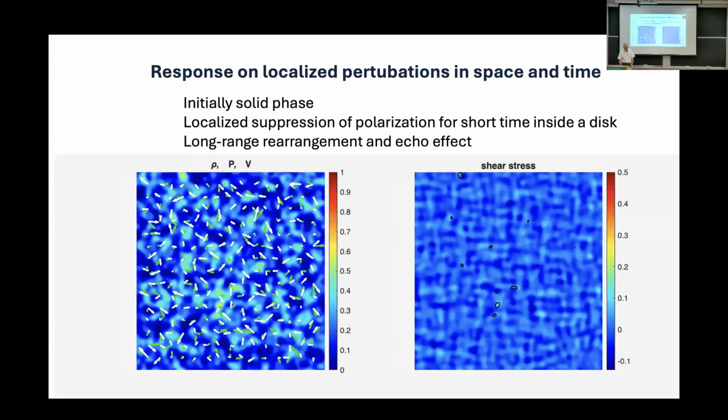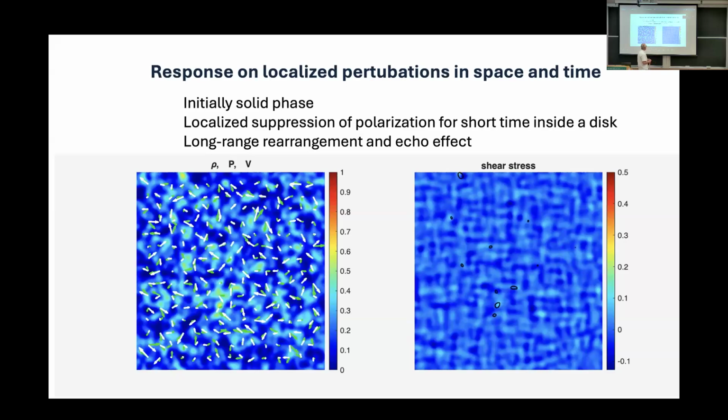Now we do something different. Now we disrupt polarization. In this small circle, we set polarization to 0. And this triggers something totally different. Because in a solid, there is an intricate balance between polarization and shear stress. Because the system doesn't move, the shear stress should balance propulsion.